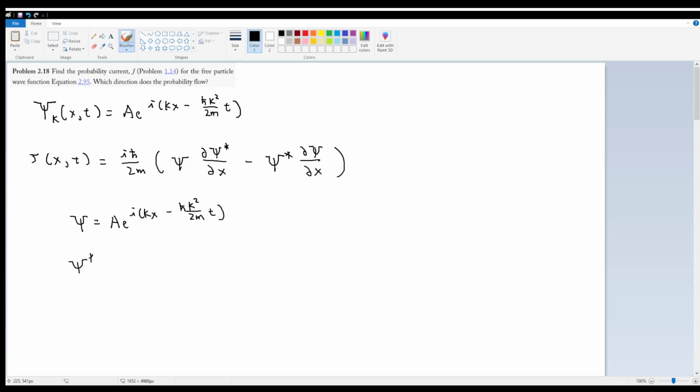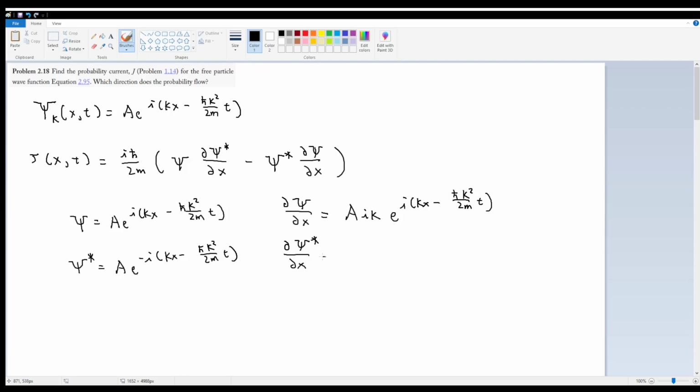Psi star equals A e^{-i(kx - ħk²t/2m)}, where we reverse the sign on the imaginary part. The derivative of psi with respect to x has the same constant A, and the only x dependency gives us a factor of ik, so it is A ik e^{i(kx - ħk²t/2m)}. Similarly, the derivative of the complex conjugate is negative A ik e^{-i(kx - ħk²t/2m)}.